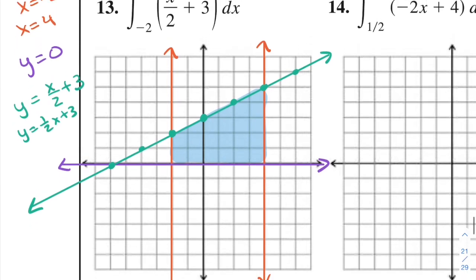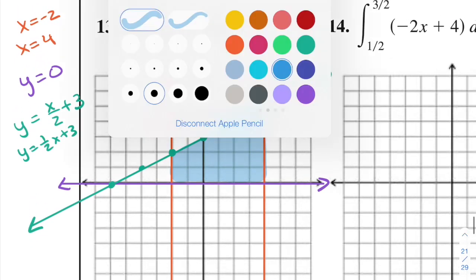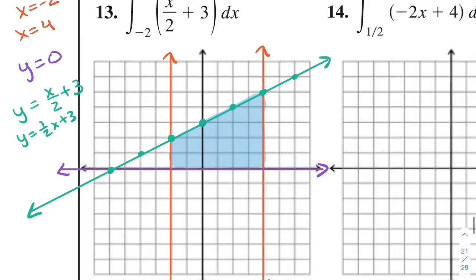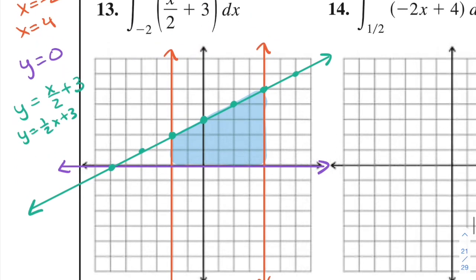So you have two options here. We can break it into a rectangle and a triangle. Or my suggestion is to just keep it a trapezoid and do the area of a trapezoid.